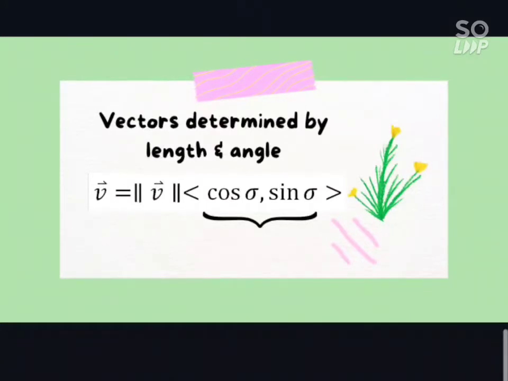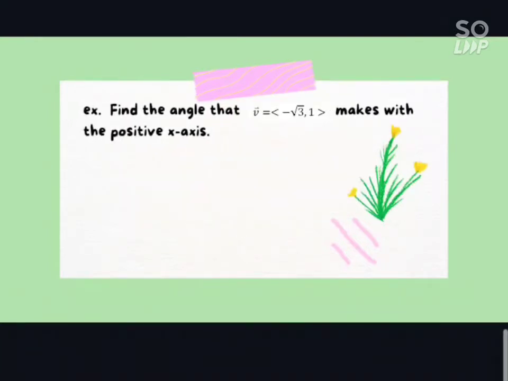Okay, we have here an example. We're going to find the angle that the vector v, which is negative root 3 comma 1, makes with the positive x-axis.